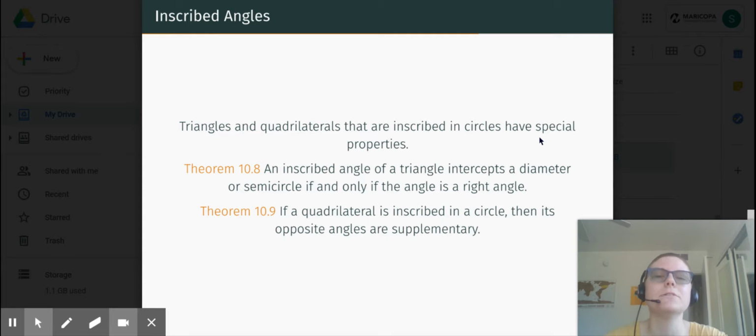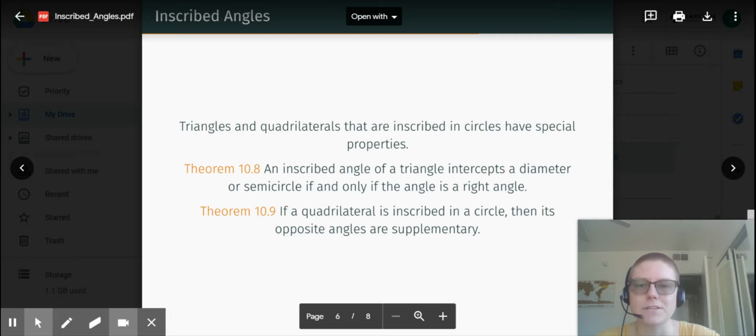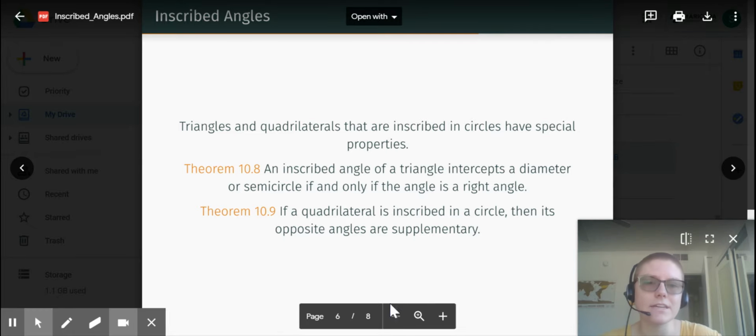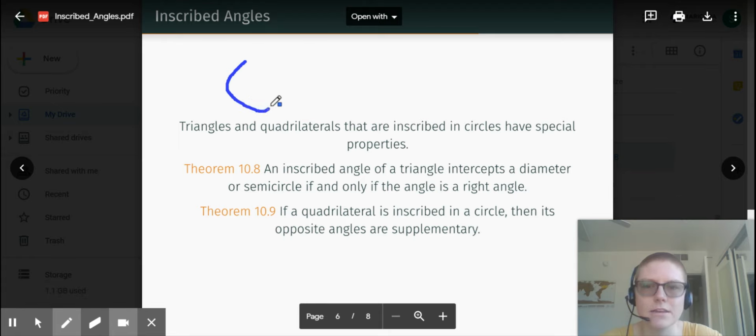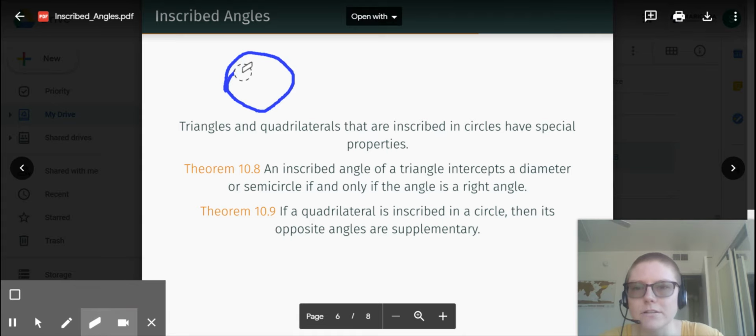Okay, so theorem 10.8, an inscribed angle of a triangle intercepts a diameter or semicircle if and only if the angle is a right angle. So what that would look like, we're going to pretend that that's a circle. I'm going to erase a little extra bit. All right.